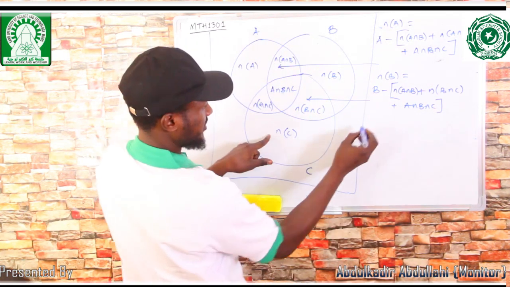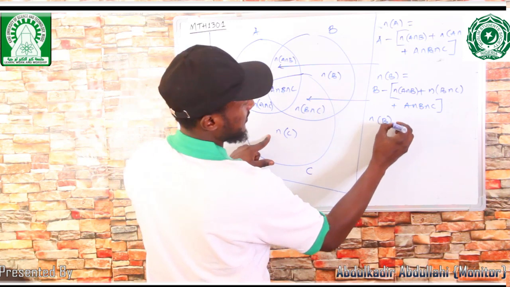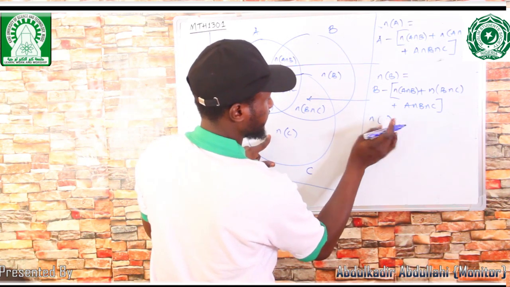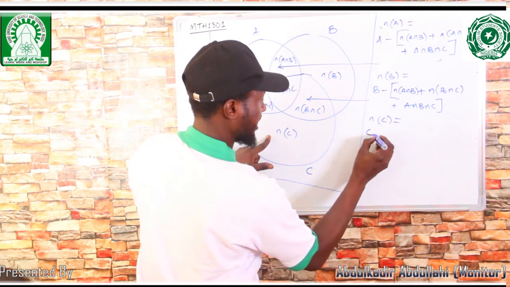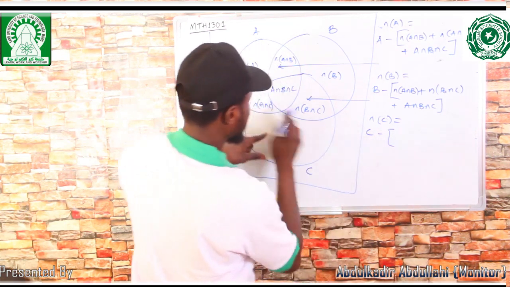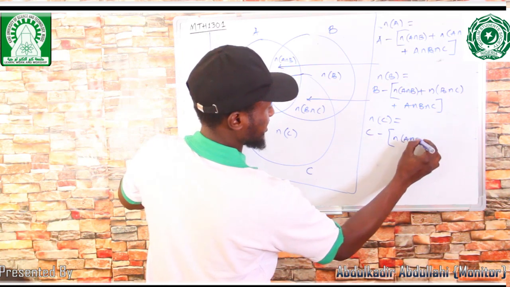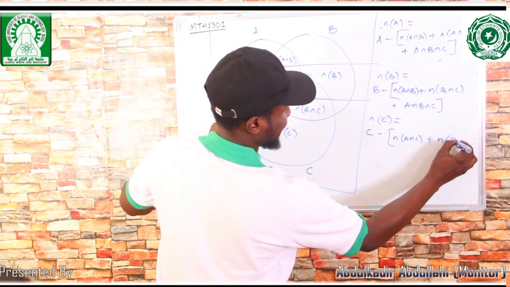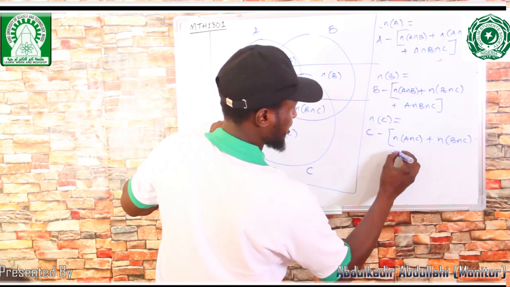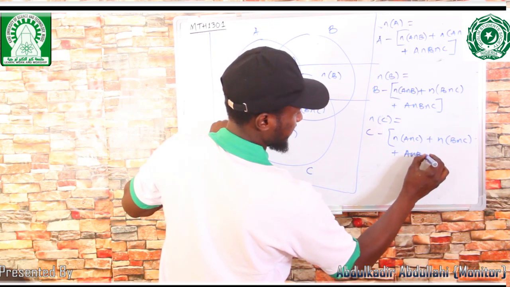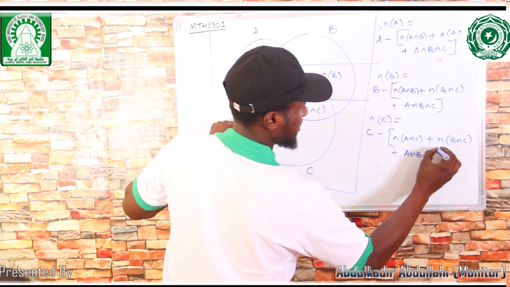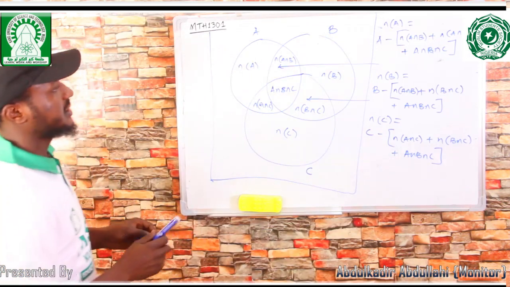The last one, the number of C only, is the same thing: C minus the intersected values in C, that is the number of A intersection C plus the number of B intersection C plus the whole intersection.